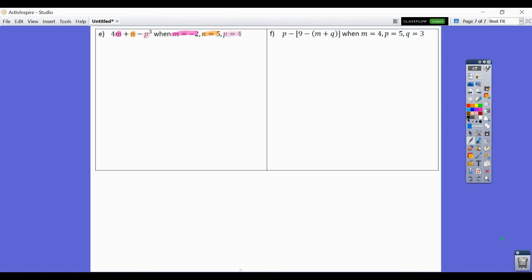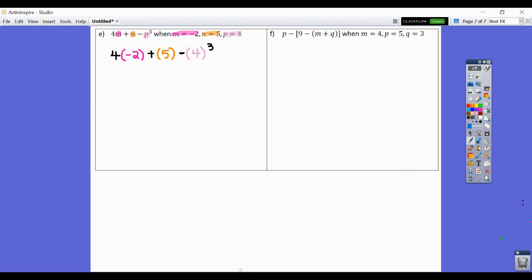Let's go ahead and do that. So we have a 4, parentheses -2. Because I'm replacing the variable, I put parentheses around it, plus parentheses 5 minus a parentheses of 4 that I cannot forget needs to be cubed.